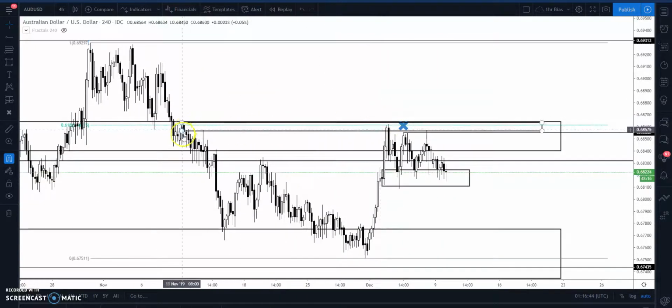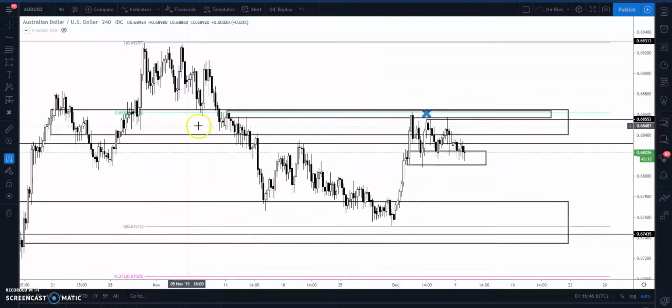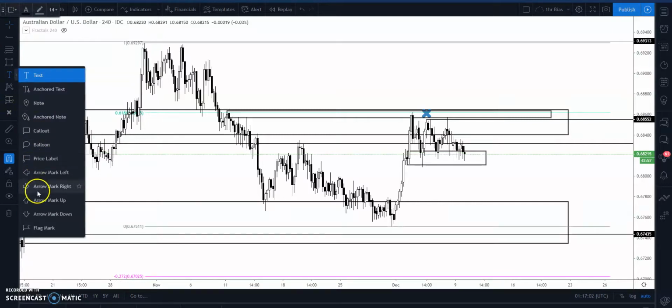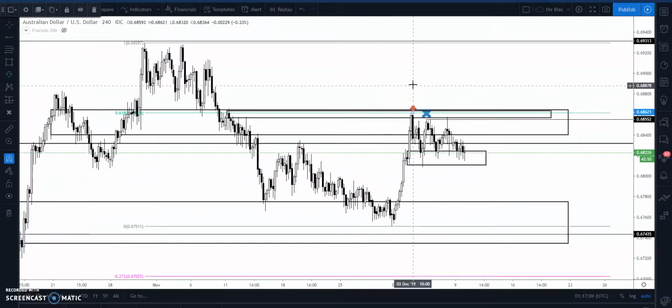As you can see, there's a lot of confidence. First, on the daily, inside the bearish order block. On the 4 hour, inside this little bearish order block, hitting the confluence of the 6.18. Let me just find the arrow to map it out.